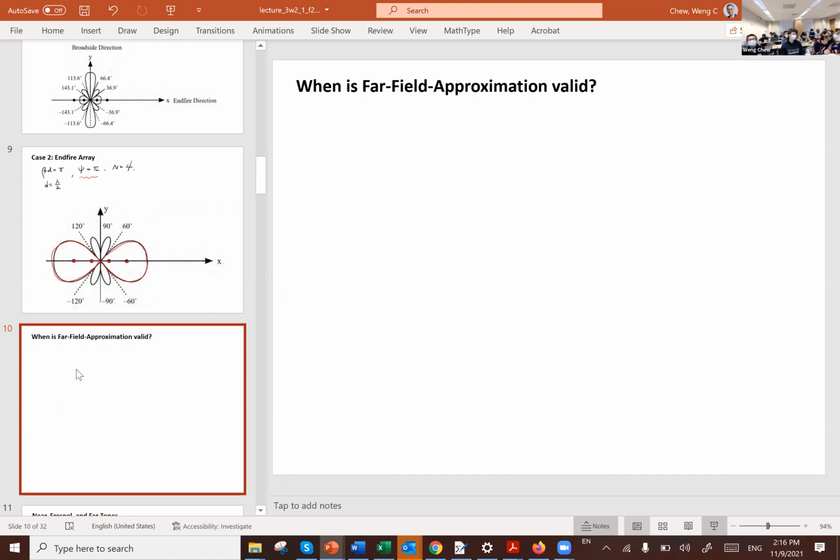So we did make the far-field approximation. We say that R minus R prime can be approximated as R minus R hat dot R prime. So when is it valid? We put this in the exponent, and say that this exponential thing can be written as such.